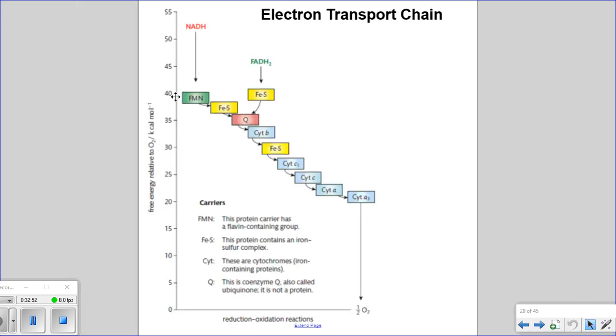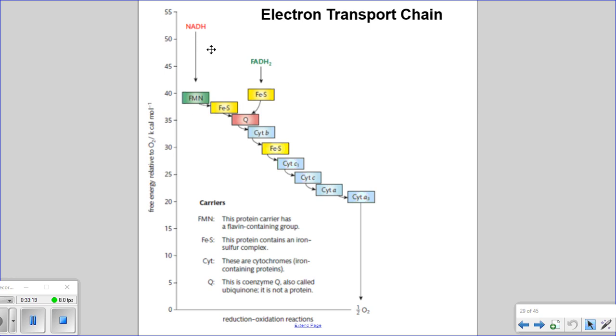So this diagram just kind of shows that energy gradient involved in the electron transport chain. Here are the different proteins involved in that electron transport chain. And each of these has a different electronegativity, so a slightly higher electronegativity than the previous protein or the previous molecule.